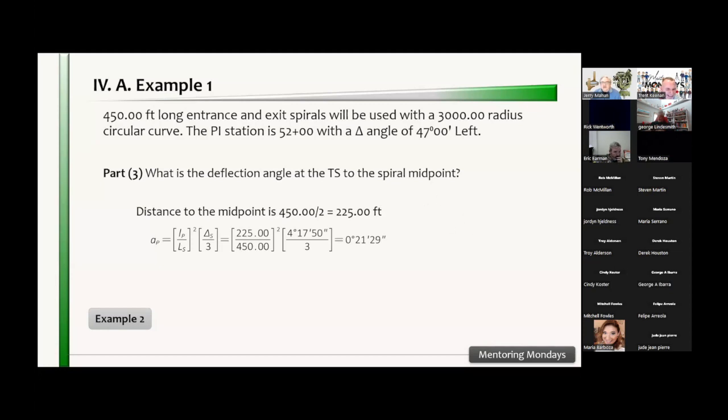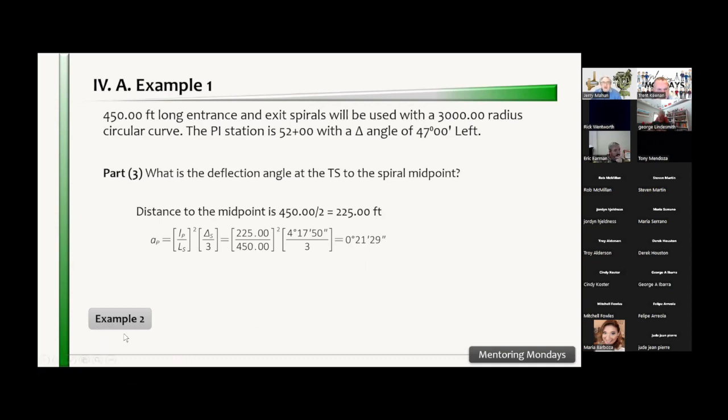The deflection angle to the midpoint, distance is half the curve length. So 225 over 450 squared. Remember that it's a square. It functions as the square times the deflection angle at the flat end. So it's 21 minutes, 29 seconds. So it's relatively flat. The further you go on it, the sharper it gets.